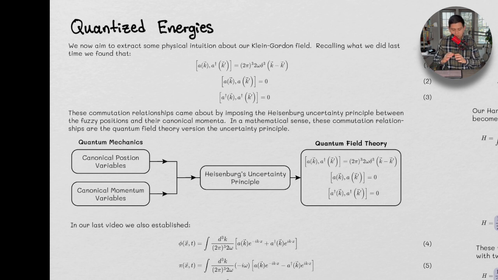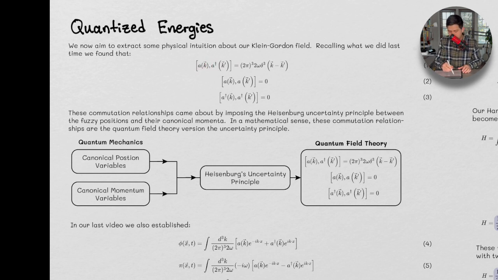So we're now going to aim to extract some physical intuition about our Klein-Gordon field. Recalling what we did last time, we discovered these commutation relationships between the coefficients on our wave solutions for our general solution of our Klein-Gordon equation, right?